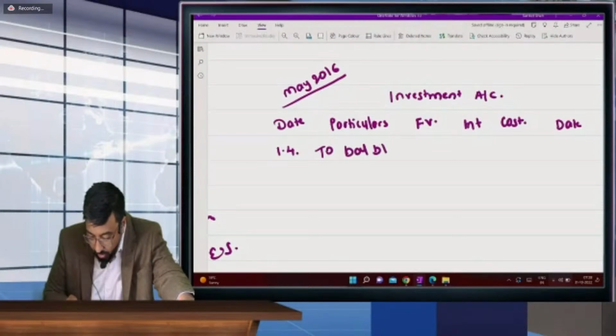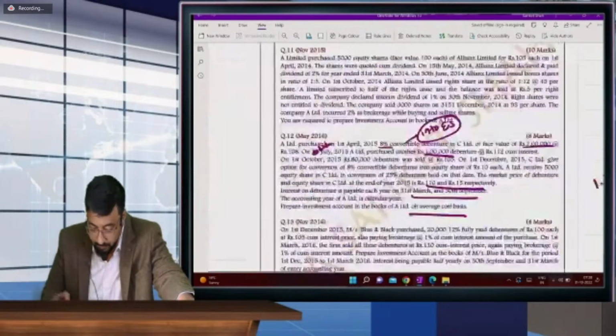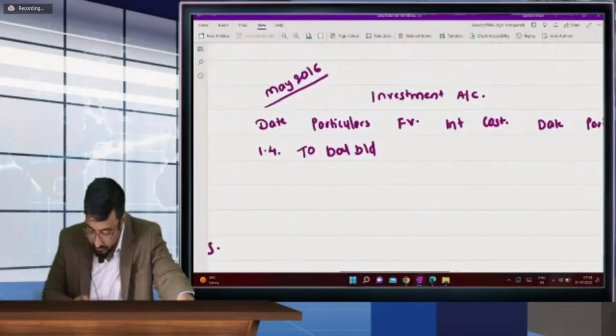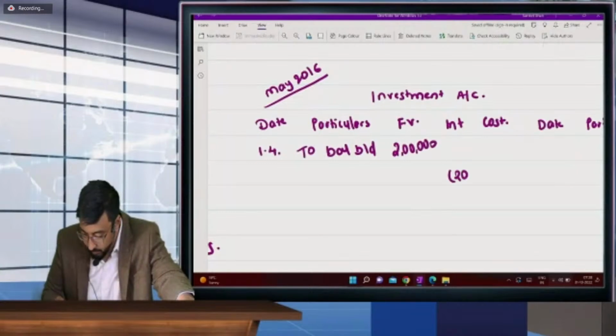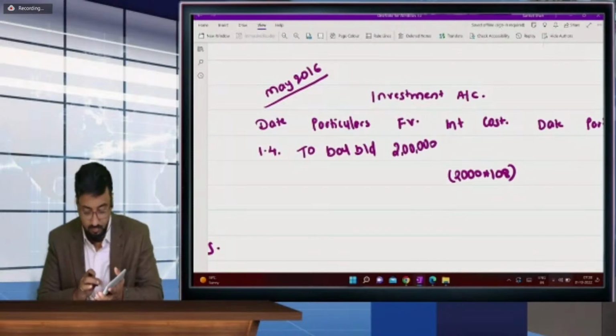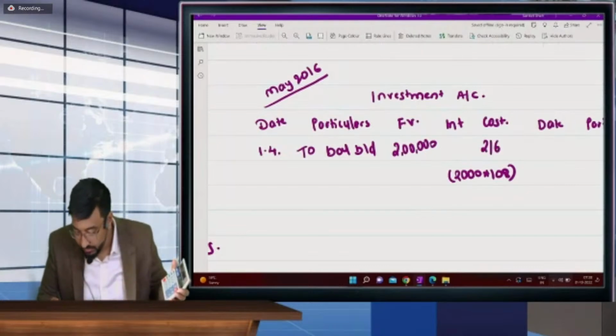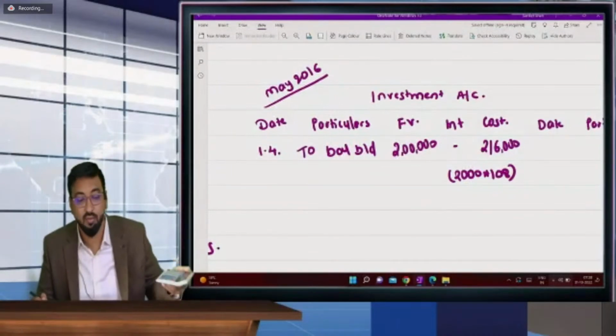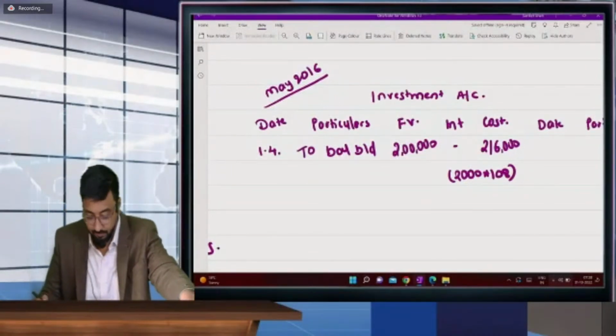To balance brought down. 2 lakhs. And 2000 into 108, 2,16,000. Interest is dash as the balance sheet date is equal to the interest date.